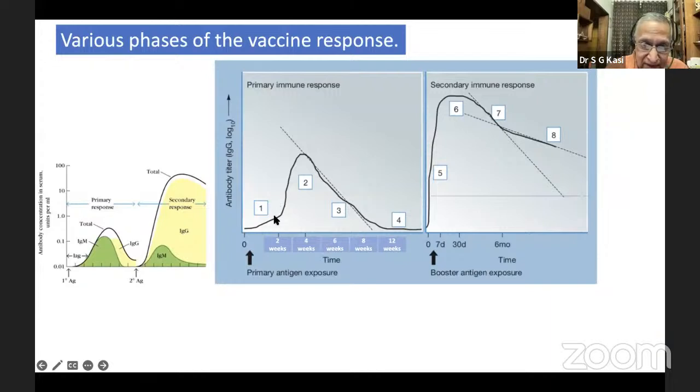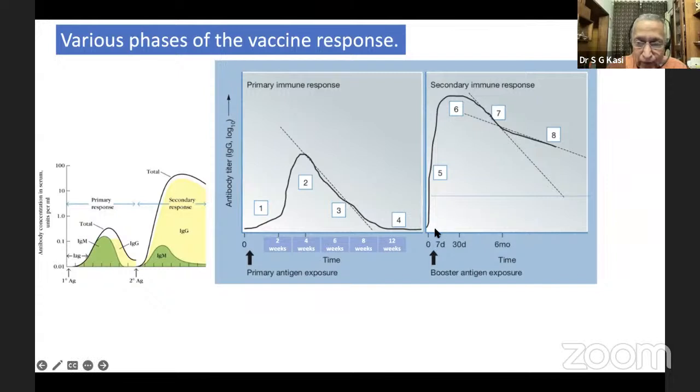Once the germinal centers form and start acting, you get a sudden rise in antibody titers, which are now predominantly IgG. These titers then begin to fall and reach almost baseline levels at 12 weeks. Now, if you see, the peak has occurred just before the end of 4 weeks.